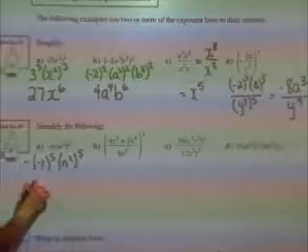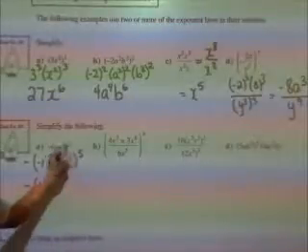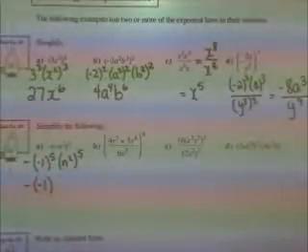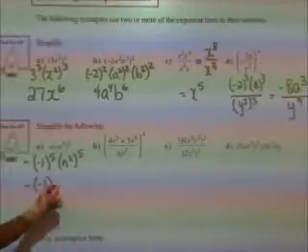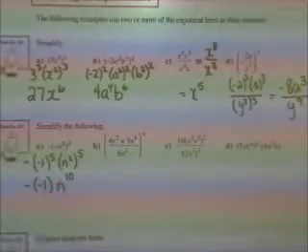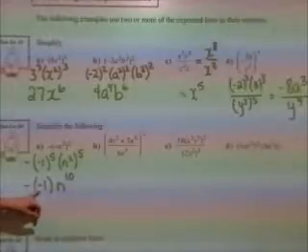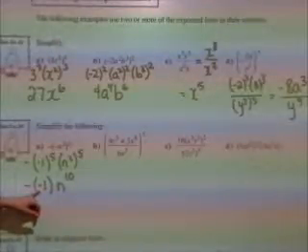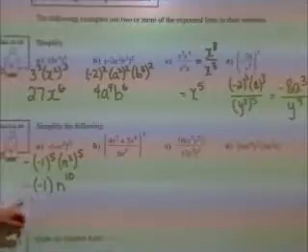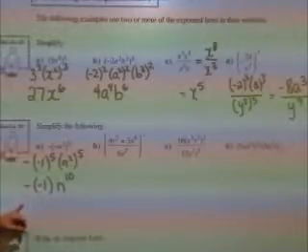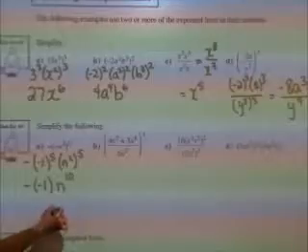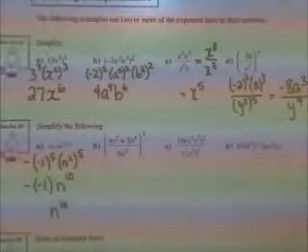Would be negative 1. And what's n squared to the power of 5? N to the 10. And what happens to my negative of a negative 1? Becomes positive. So do I need to put the positive 1 in there? Nope. All I need is n to the 10.